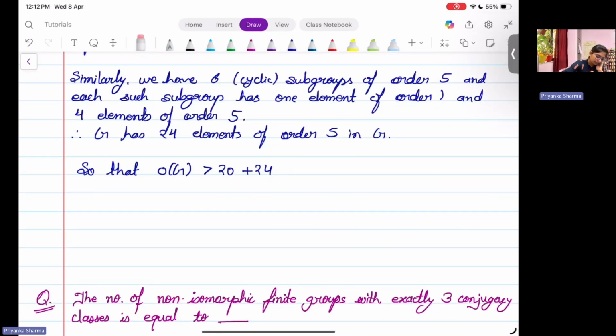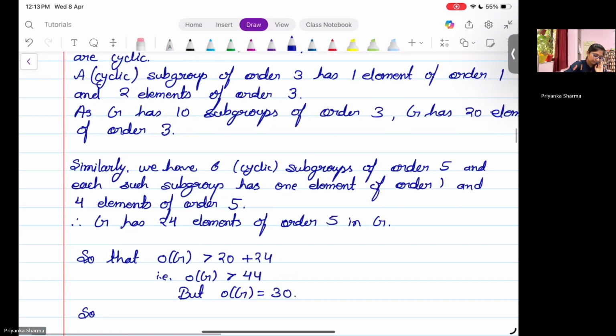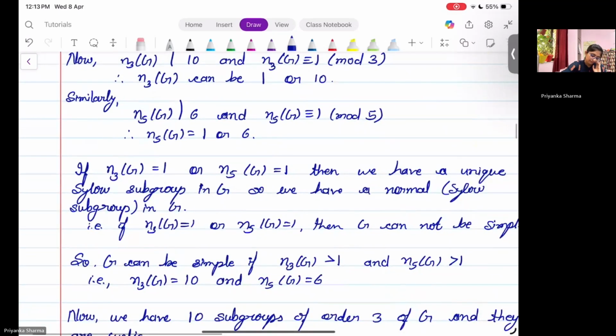The order of G will be 20 plus 24 plus 1 plus something. This means that the order of G is greater than 44. This is a contradiction because the order of G is given as 30. So this cannot be the case.